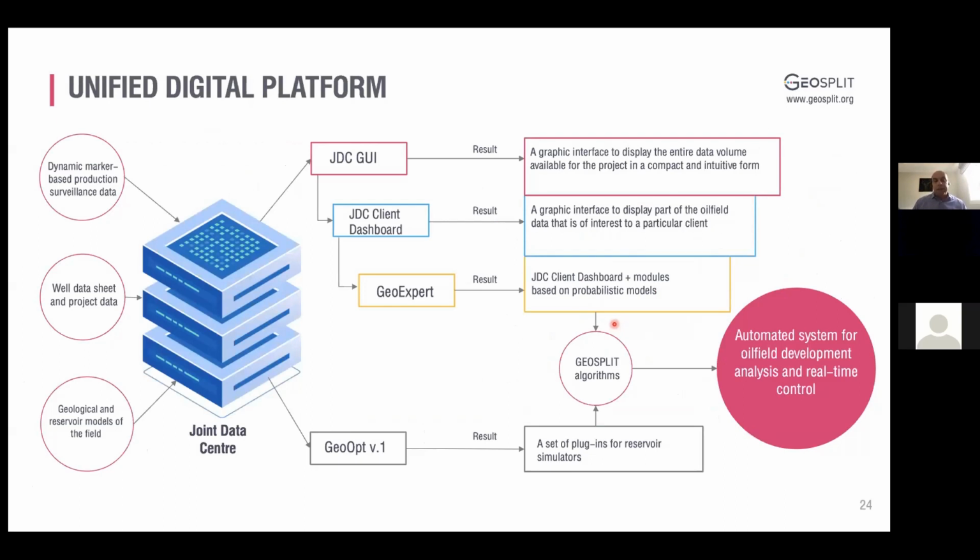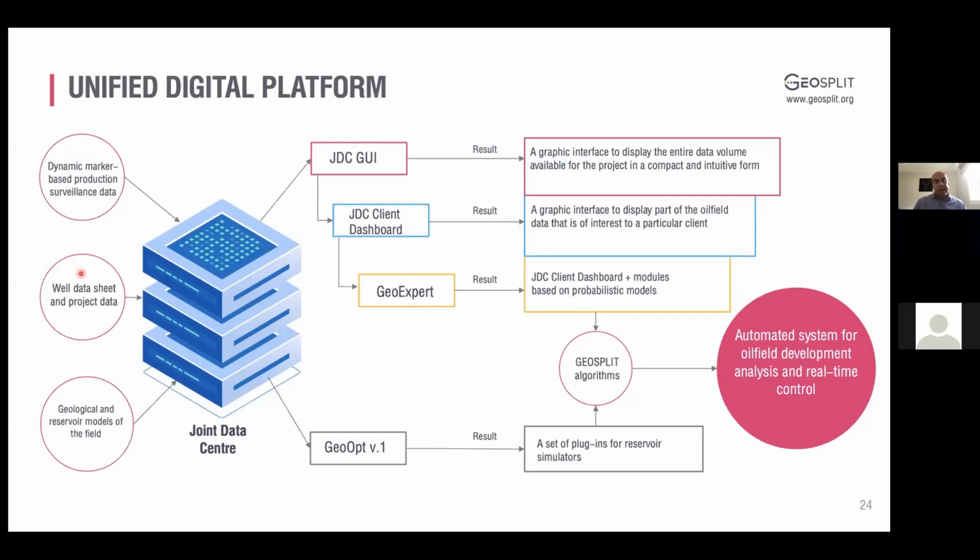And then with the combination of existing probabilistic or data-driven models and GeoSplit algorithms that we are developing, ultimately we would like to give the end user a tool that would allow an automated system for all field development and real-time control. So just quickly, this joint data center obviously has data from production profiles generated by using GeoSplit inflow traces.